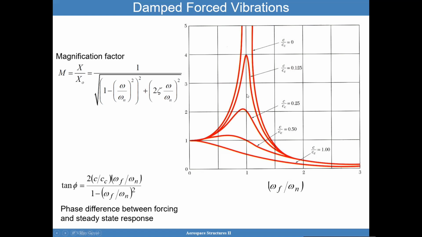Now, if I have some amount of damping, you have quite a bit of peaking, where the peak response can be as much as 4 times if you were to apply that same load statically. And then as you increase the damping, you start to even go to a value below 1 potentially.